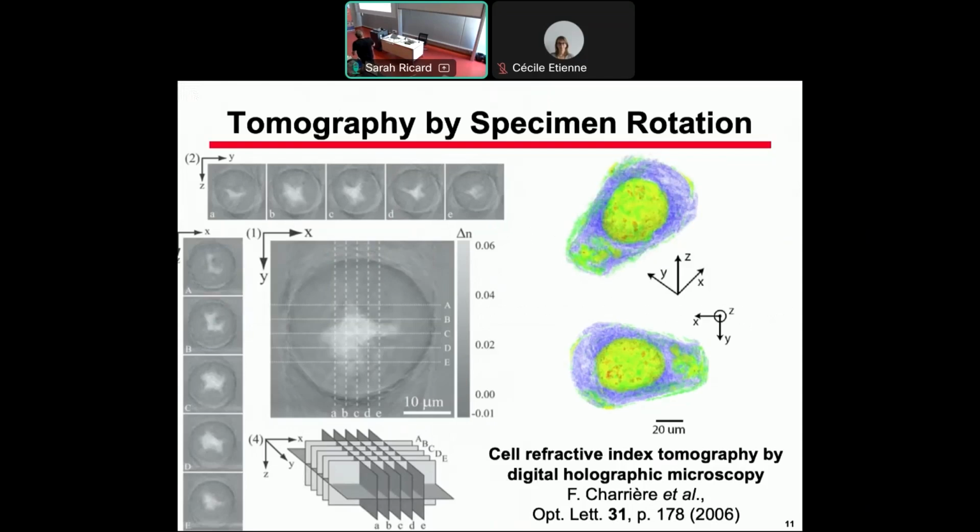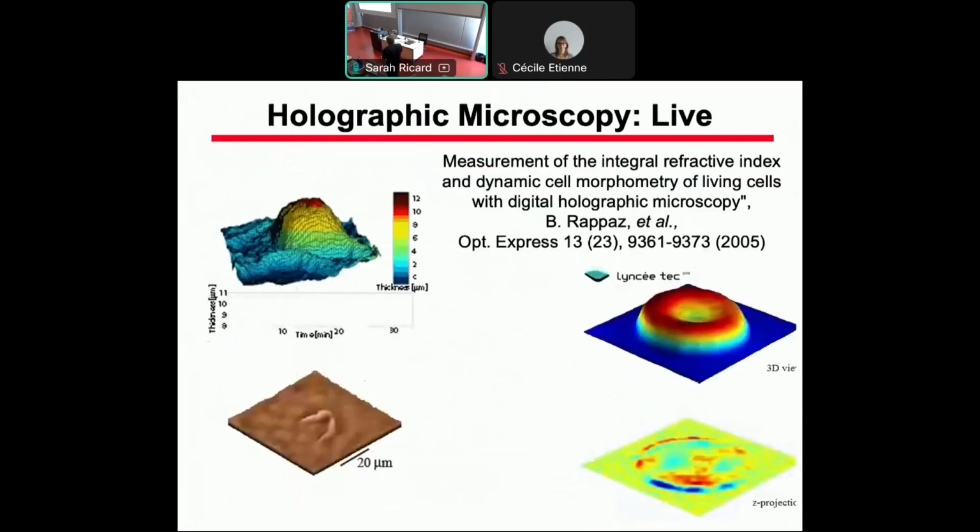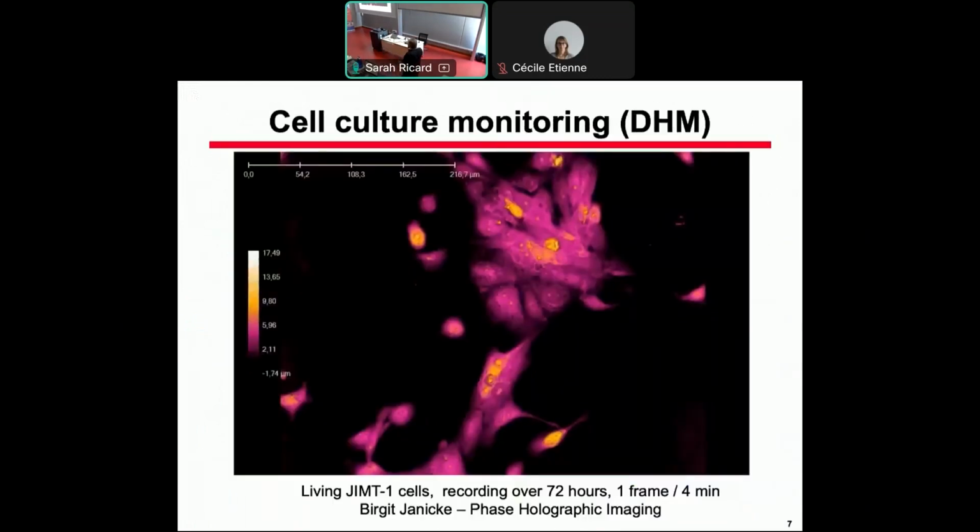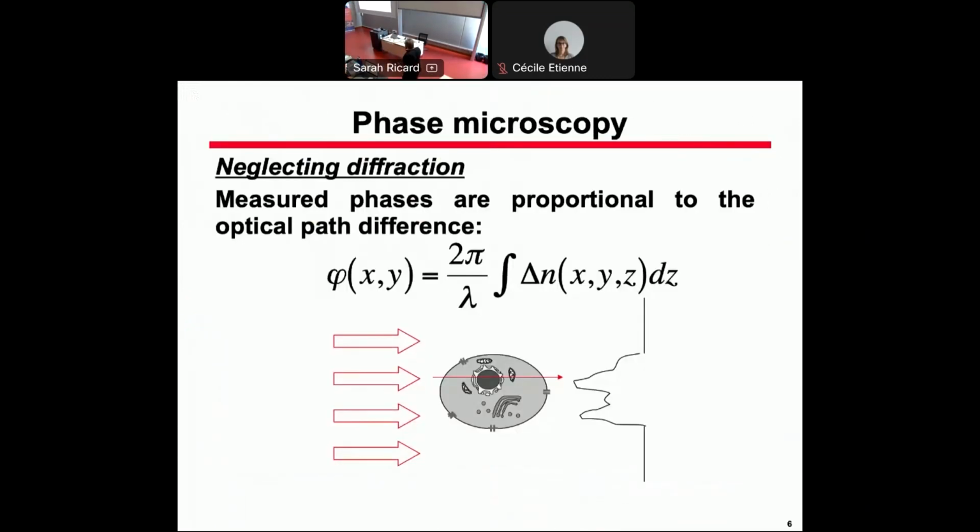Except I forgot to emphasize that this neglects diffraction. And this is quite paradoxical because you neglect diffraction, which occurs at small scale, while the microscope is made to observe small samples.